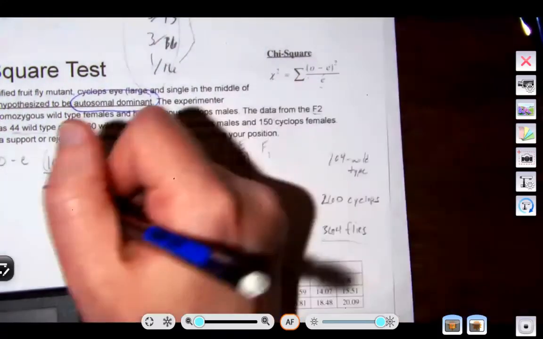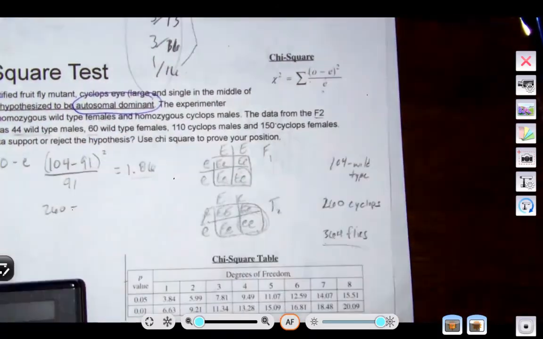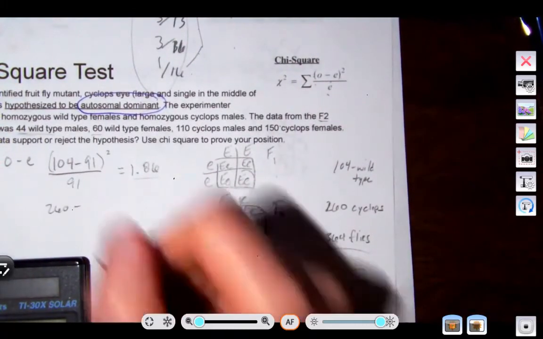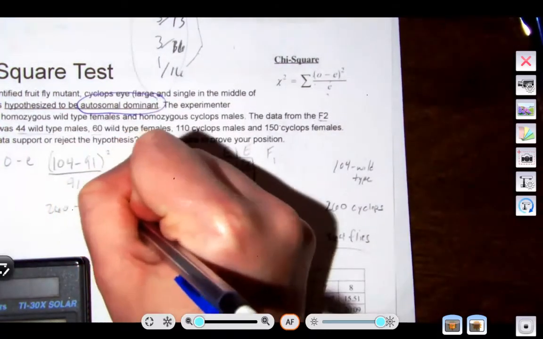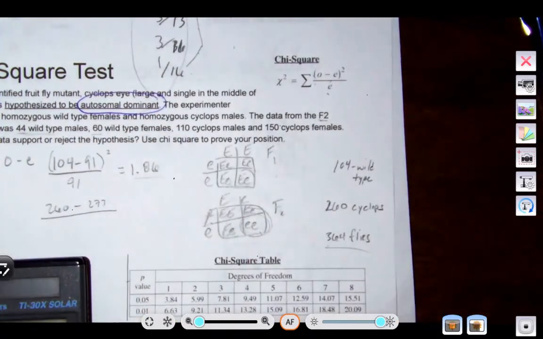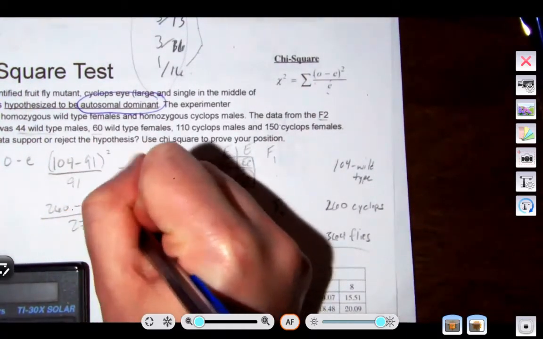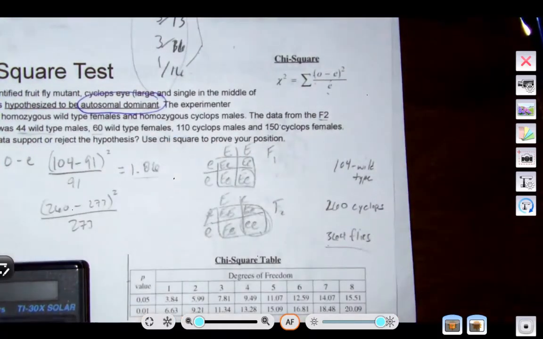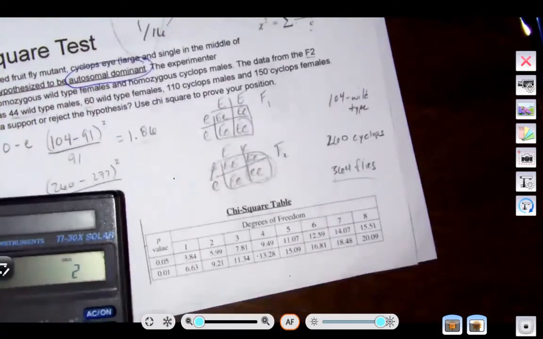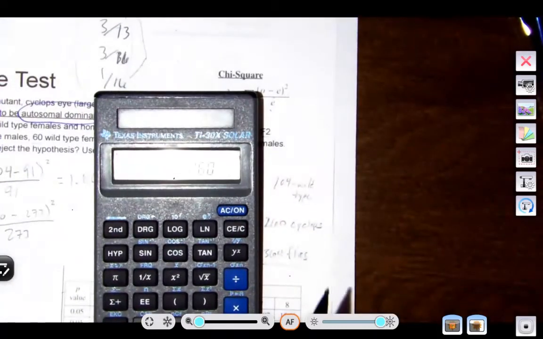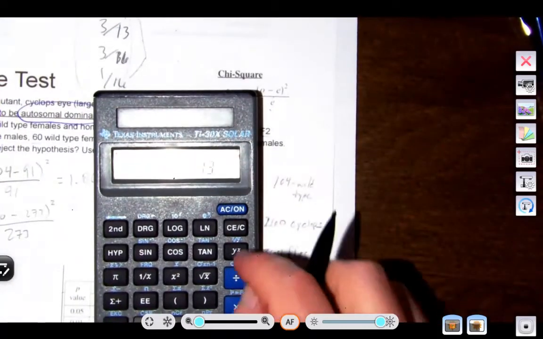So observed was 260. 364 minus 91 is 273 is my expected. So 260, let's see that. 260 minus 273 is negative 13.